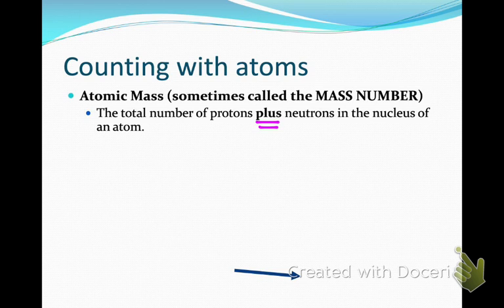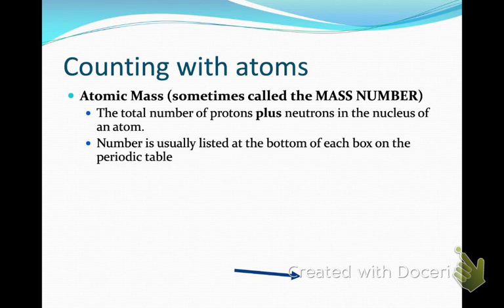So atomic mass is protons plus neutrons. That's super, super important. Atomic number is protons only. Atomic mass is protons plus neutrons.